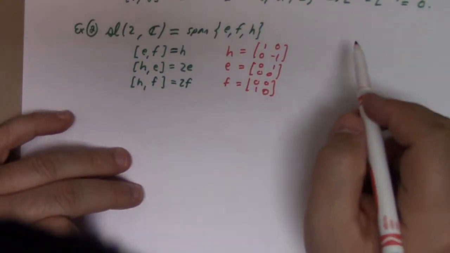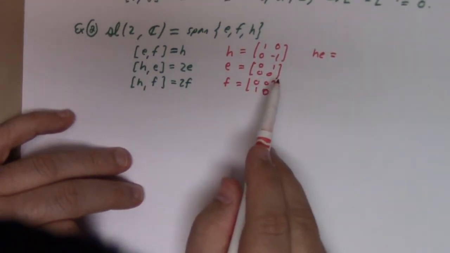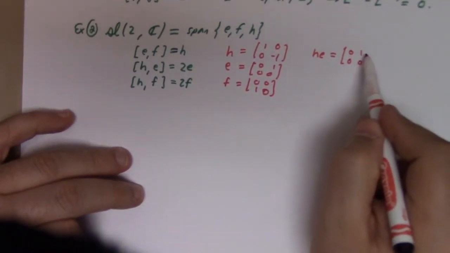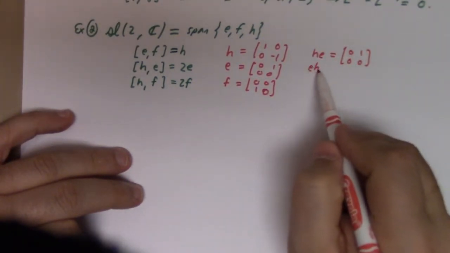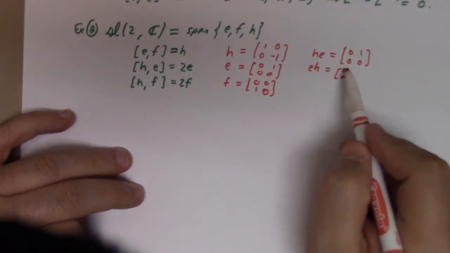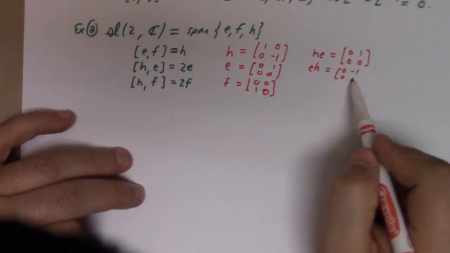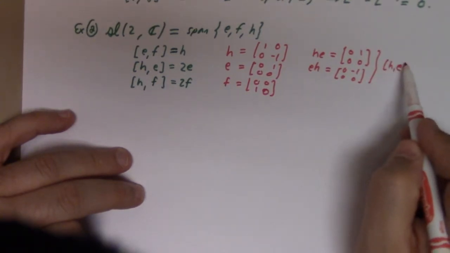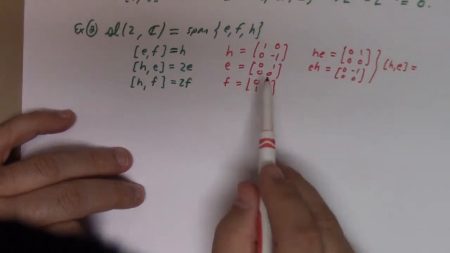So for example, let's see here, what's H times E equal to, and E times H. You put those together, and you get that the bracket of H and E is equal to 2 times one of these guys, because you get minus plus, but that's exactly 2E.